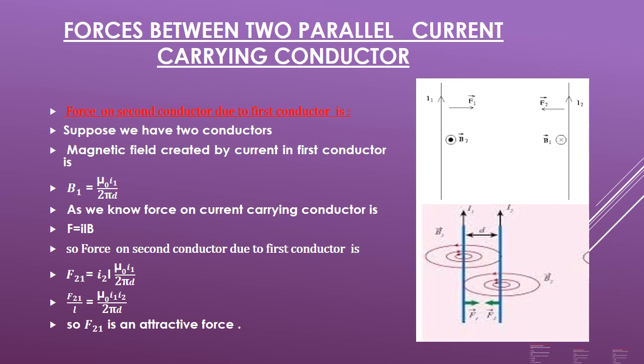Along its axis. And we have done it that along the axis the force on the charges is 0. So this current, because of its own magnetic field, cannot experience force. So this will experience force by magnetic field of conductor 1.